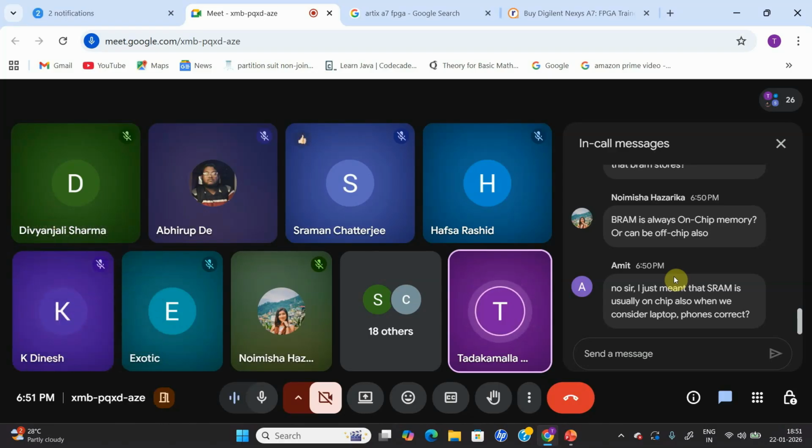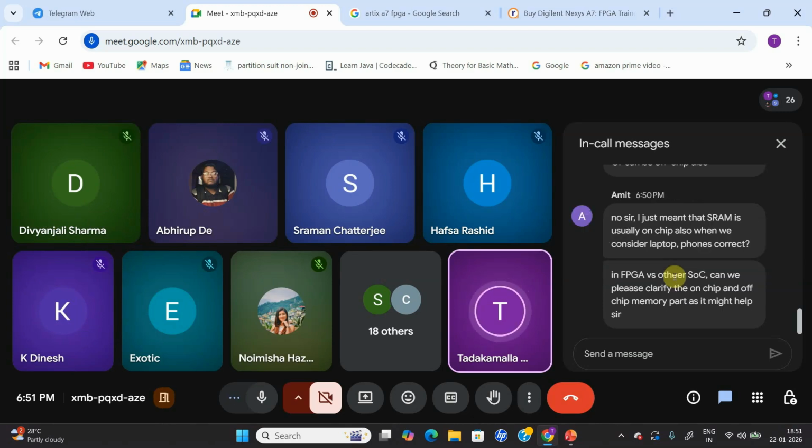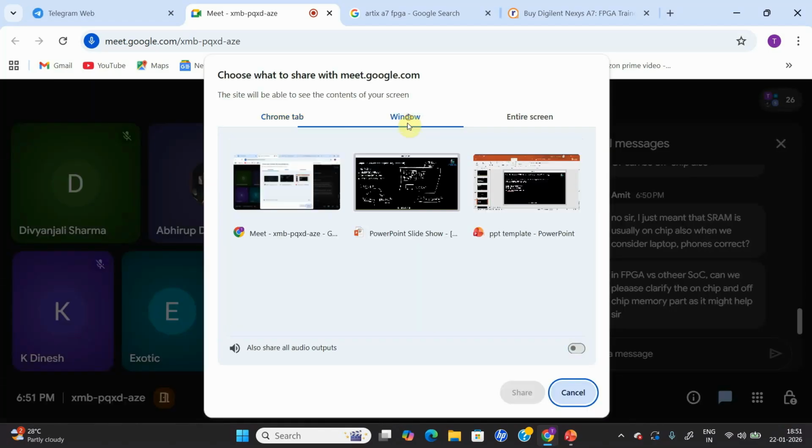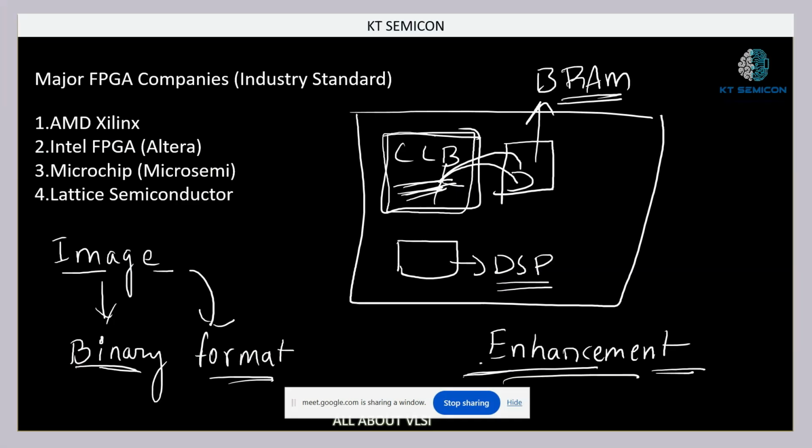We will have some scenarios and case studies on how the data is stored, where the data is stored, and where we are using these BRAMs. In this session, we are just understanding the terminologies, right? Okay. So let us move forward. Let me share my screen.